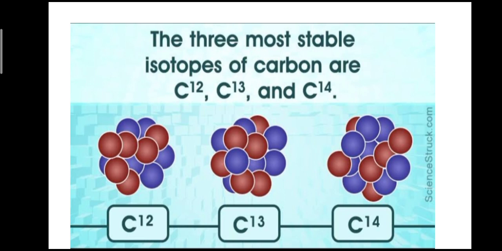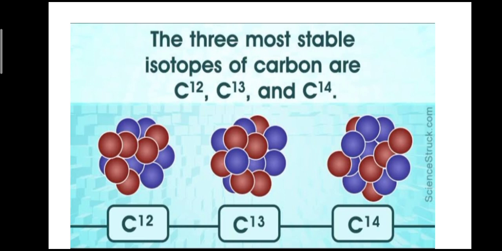Look at the hydrogen atom. An atom of hydrogen, 1H1, weighs only 1 by 12th of that carbon-12, right? The mass when you compare it is 1 by 12 of the mass. So what is the basic unit here? 1 by 12 of the mass of carbon-12 is the mass of hydrogen.